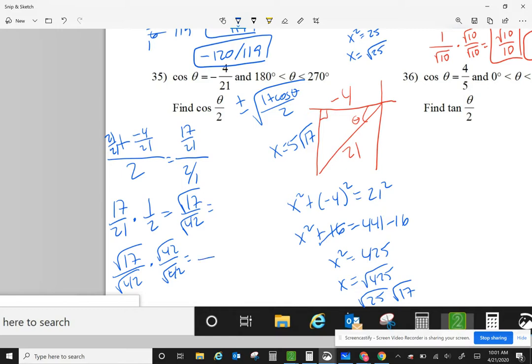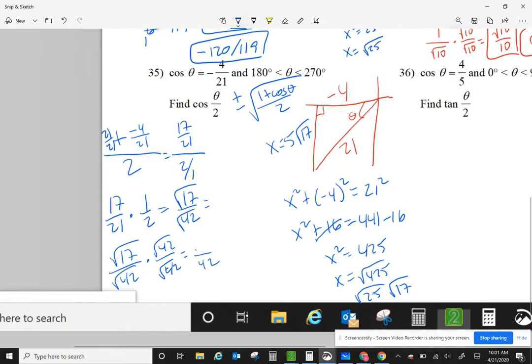So I have a 42 at the bottom. Now on the top, 17 times 42 is the square root of 714. Cannot simplify for anything else, so that's pretty much it.